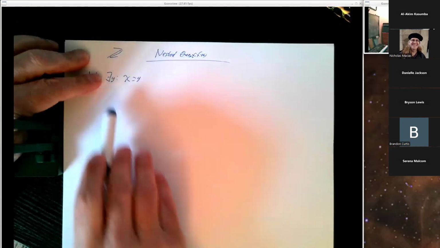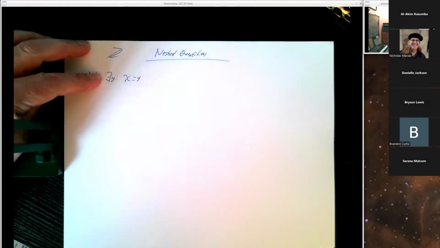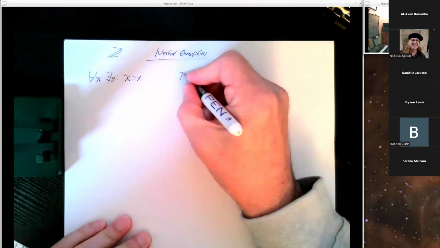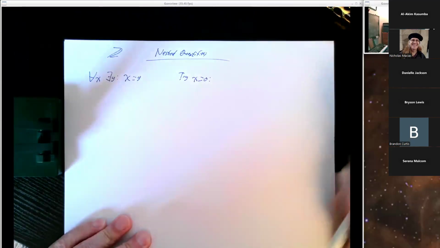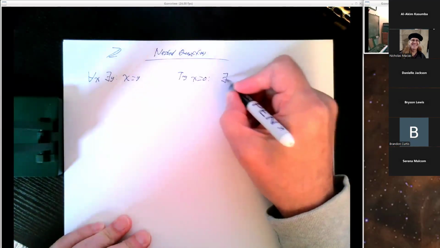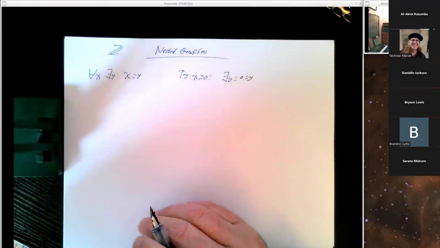What does this statement say? There must exist a y equal to 0, right? So it says there exists a y such that 0 equals y. And that's true, right?